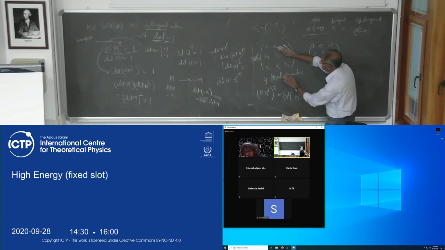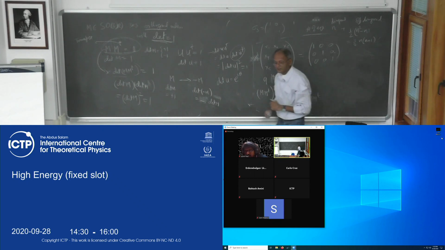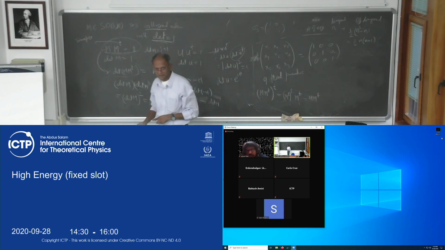But this and this are the same, so actually you have only half of that. If you just add that up, you get n plus half of (n squared minus n), which is n times (n plus 1) over 2. So that many equations are there.